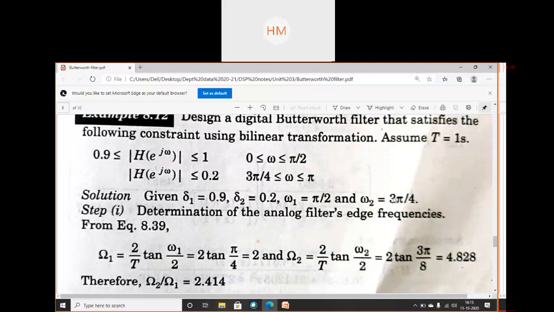So next step, find out the filter order. Do it fast.